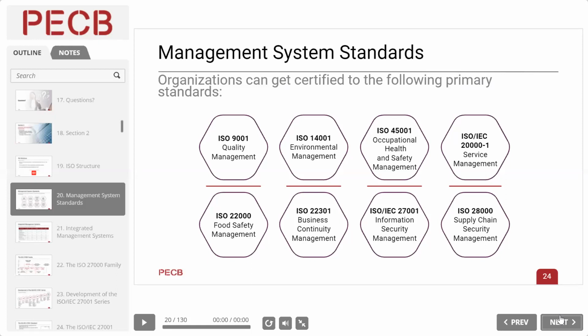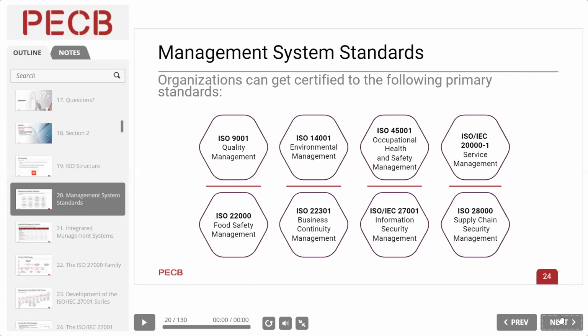Other management systems: 14000 environmental management; 45000 OHSAS, occupational health and safety, which is another very important and popular standard. In this current health crisis, you would recognize the benefits and advantages that having this standard brings you as an organization.